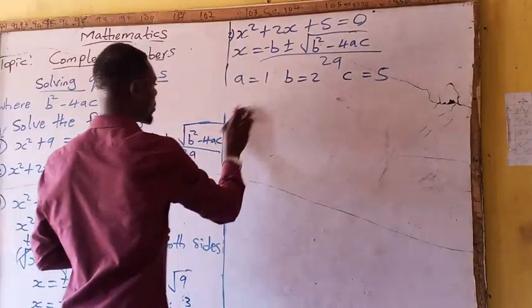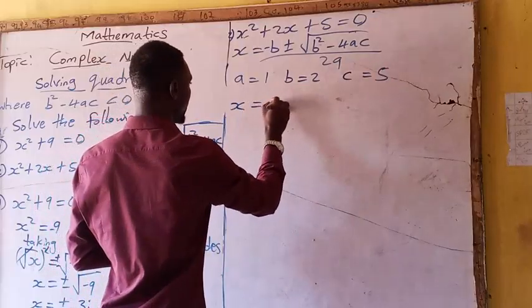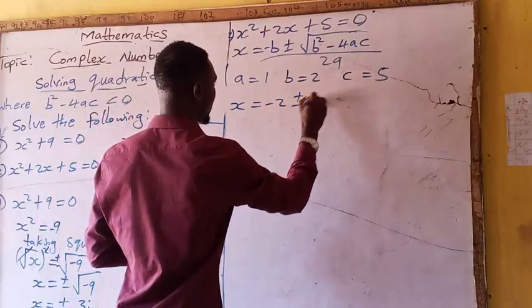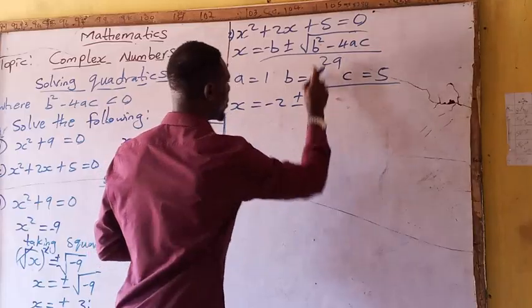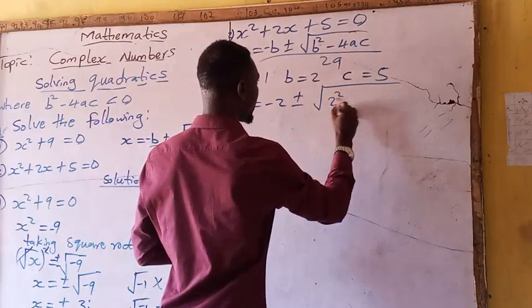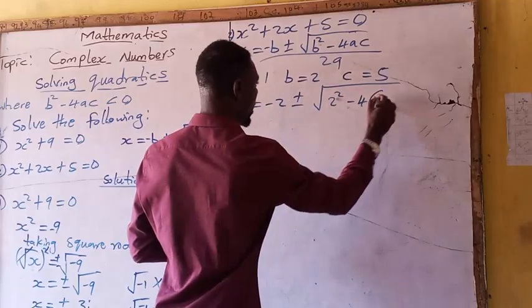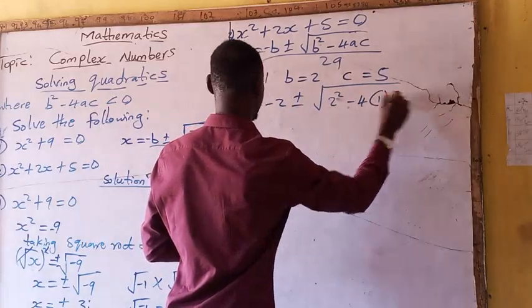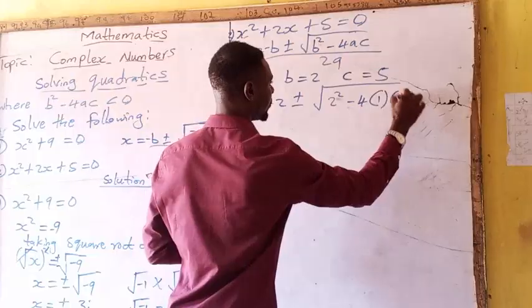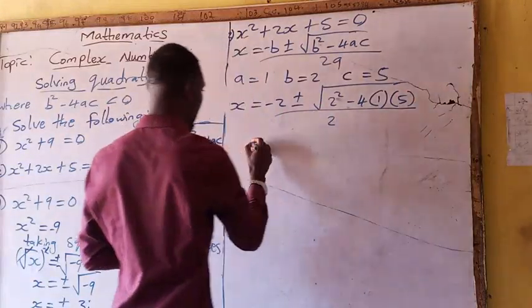Now let's substitute into the value. We have x is equal to, what is our b? We have minus 2 plus or minus root, we have our b is 2, so we have 2 squared minus 4 times, what is our a? Our a is 1, times, what is our c? Our c is 5. All divided by 2 times 1, which is same thing as 2.